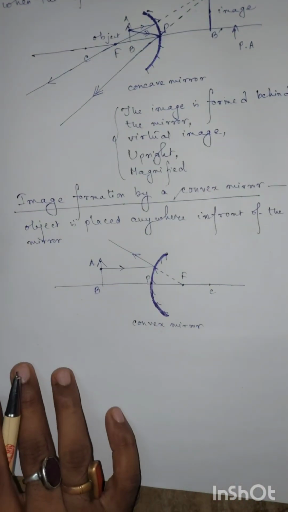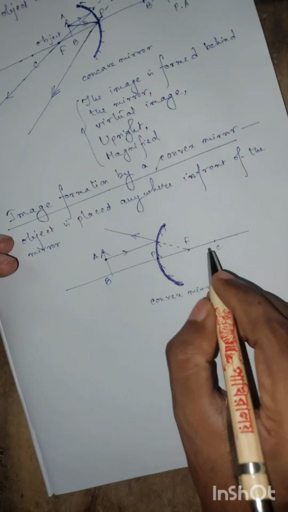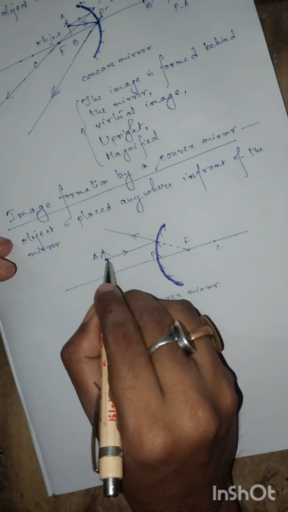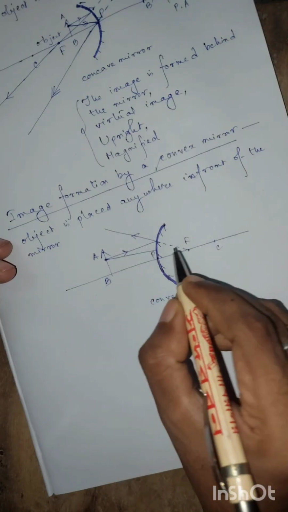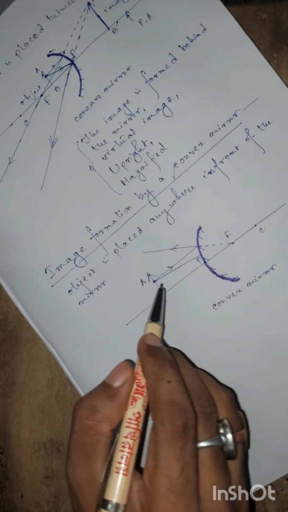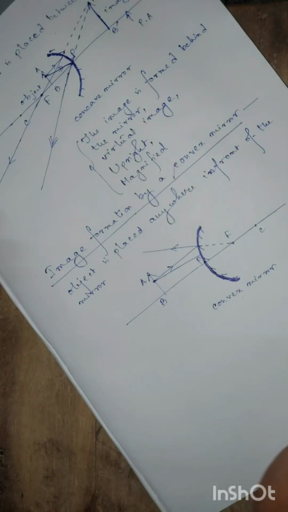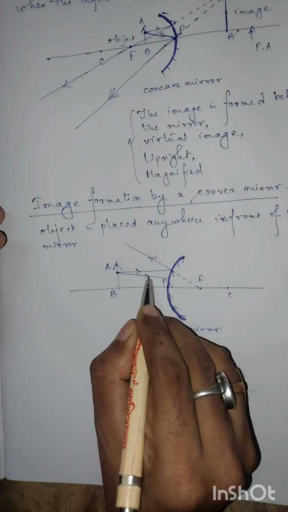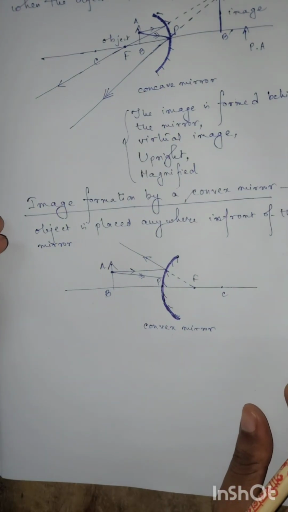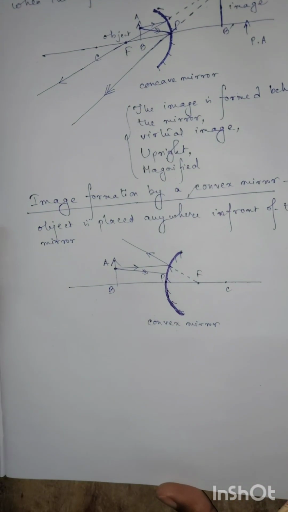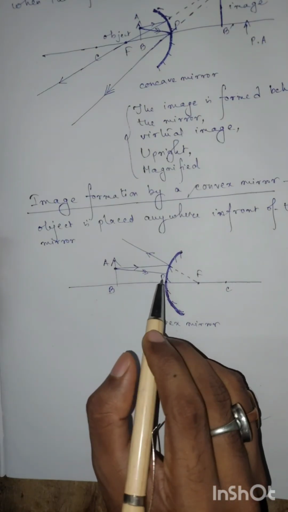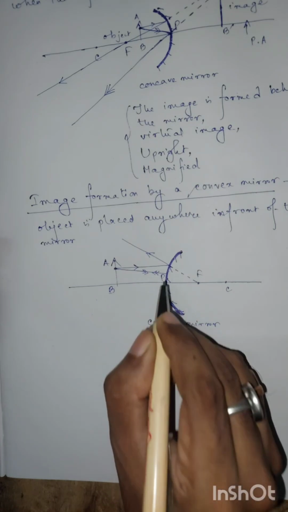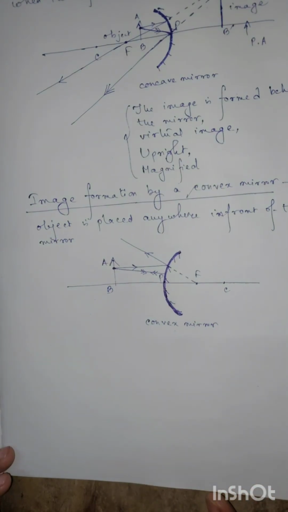And a second ray, which is directed towards the center of curvature, after getting reflected, follows the same path but in opposite direction.